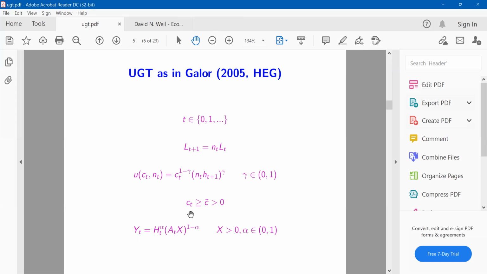This is the subsistence constraint. So consumption must be greater than or equal to some positive number. C tilde is a parameter, basically. You may imagine this as a biological constraint or as a cultural constraint, because consumption has a cultural aspect as well, right?